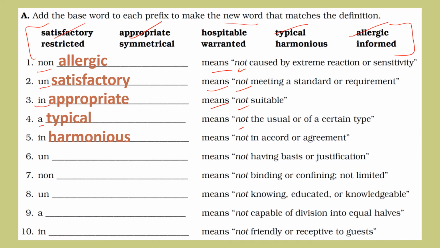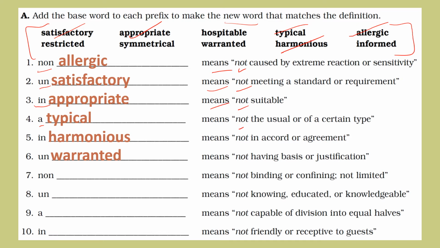Number six, not having basis or justification. Having basis or justification is warranted. Not having is unwarranted. Number seven, binding or confining. In other words, not limited.